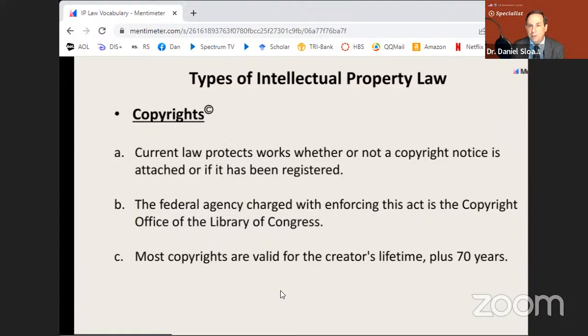Some of you may do some work in that area and are very familiar with the Library of Congress and how to copyright your work, whatever kind of works we just went over. Most copyrights are valid for the creator's lifetime plus 70 years.